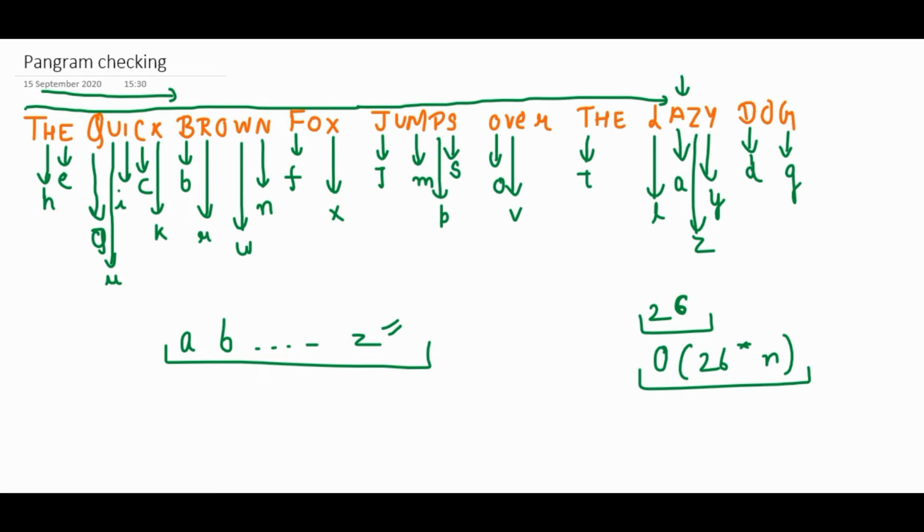Because we are iterating over, in the worst case, the whole string. And how many times? 26 times because there are 26 characters. So the time complexity will be 26 into n, which is almost equal to n, but we can improve it because it is 26 times n. Now let's see how we can improve this time complexity.